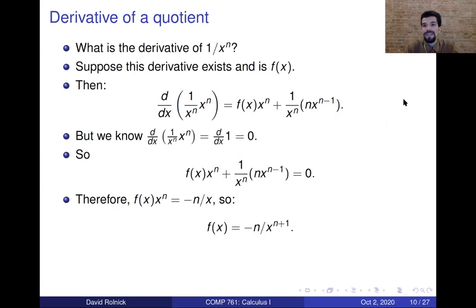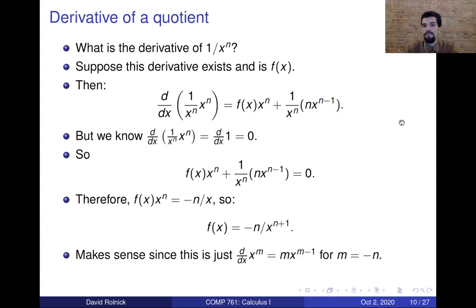And this is great. This makes us really happy because the derivative of x to the m was m x to the m minus 1. But that was true for positive integers m. But here, we're basically seeing that it's true for negative integers too.